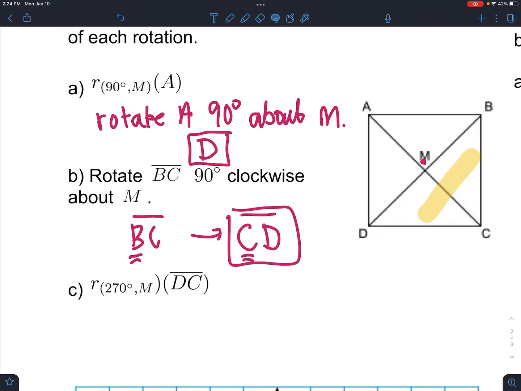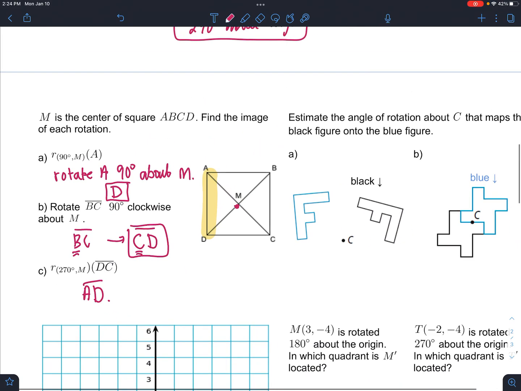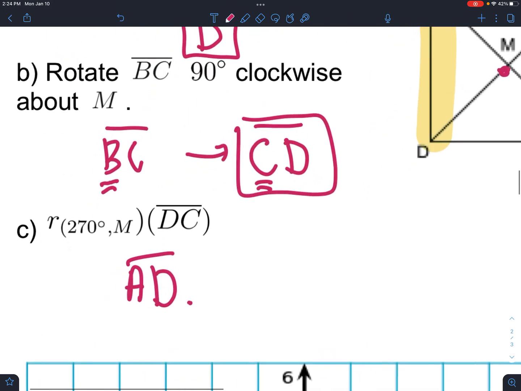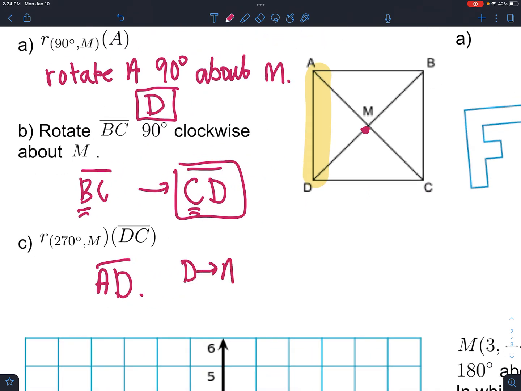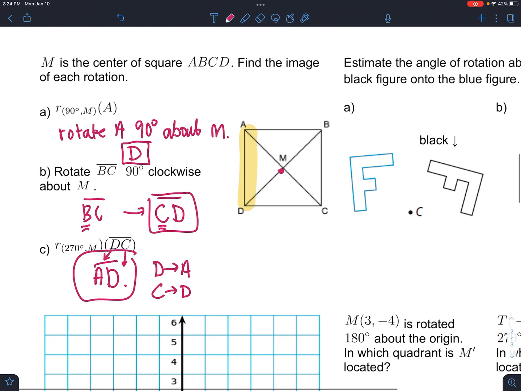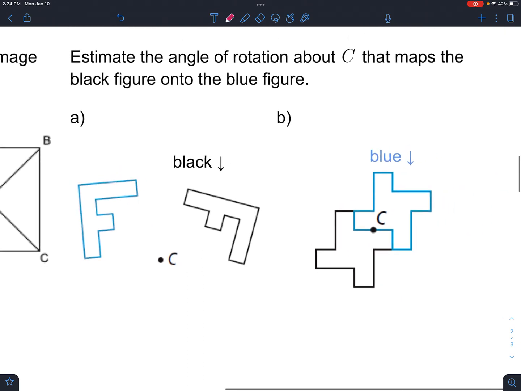So we want to take this and go this way. This is the positive way. So that would be 90 degrees. That would be 180, and this would be 270. So this does go to AD. Okay. Again, making sure that D goes to A and C goes to D, making sure that like those letters match up there. The order does matter. Okay.